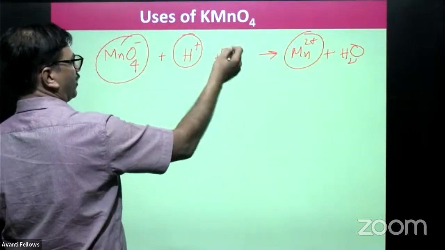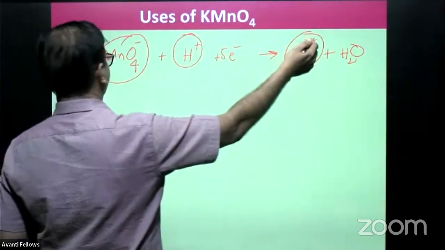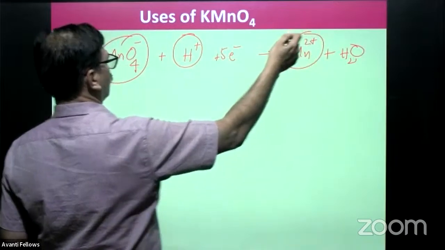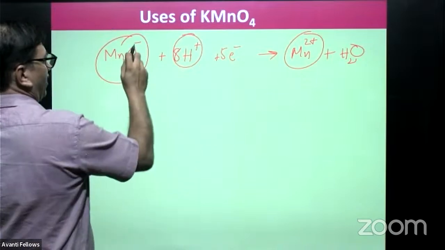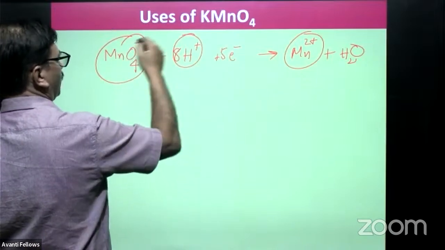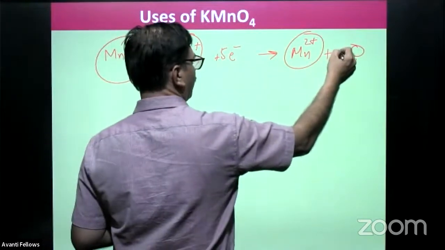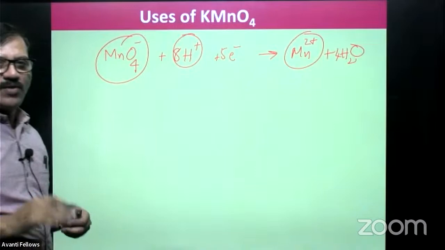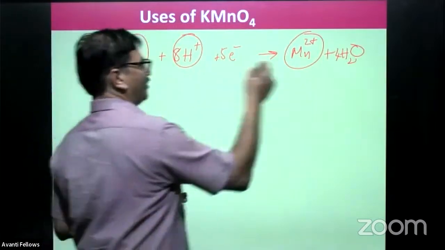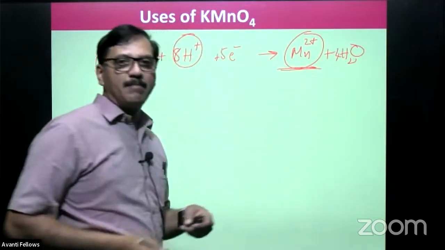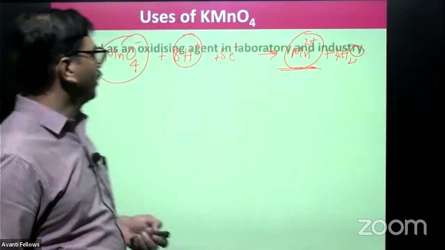Now the charge: minus 1 minus 5 is minus 6, and minus 6 to +2, therefore it should be 8 H plus, since 8 plus and 6 minus is 2 plus. Now 8 H plus ions should give 4 H2O. So this is the way you can balance the half equation. Remember, here it is Mn2 plus. These are the key things that you have to remember.